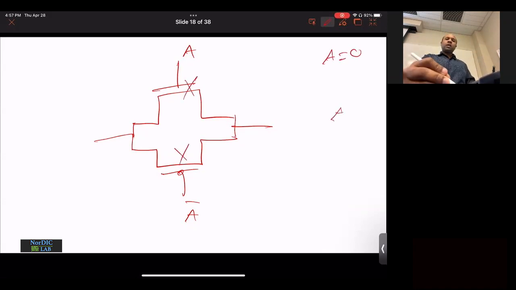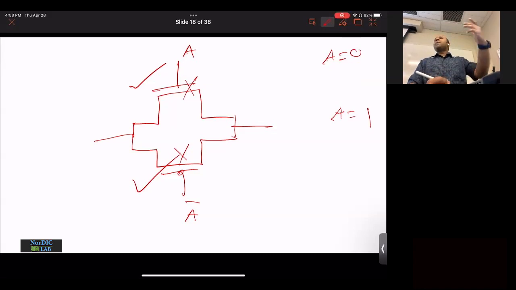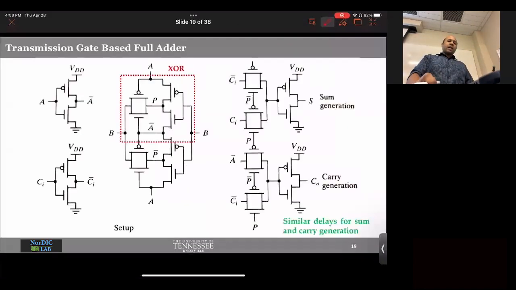If A equals 1, NMOS is on, PMOS is also on, right? So why do we have parallel connected transistors? Because NMOS can pass 0 quite well, and PMOS can pass VDD quite well. So we use their collective strength to pass any signal that we might encounter. Make sense?